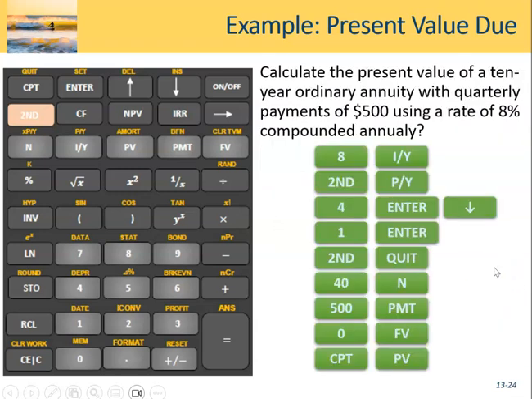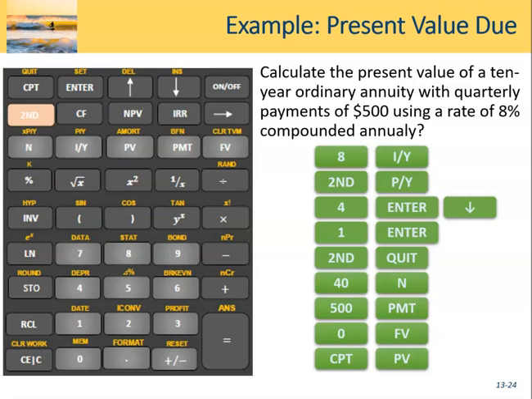Okay, so let's try this. We have 8 I/Y. We have second P/Y, and now that we're in the payments per year and the compounding per year, we're going to change that to 4 because it's quarterly. So 4, enter. And then we need second, quit.